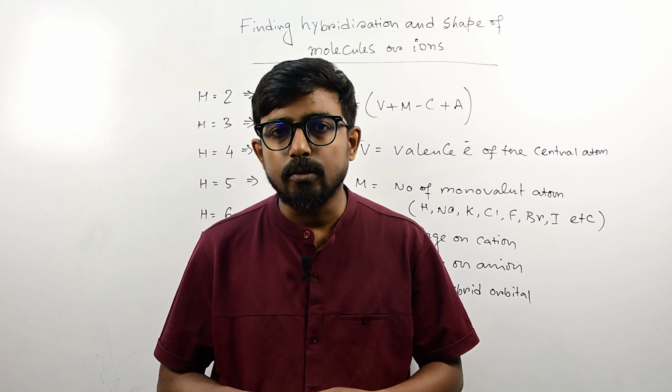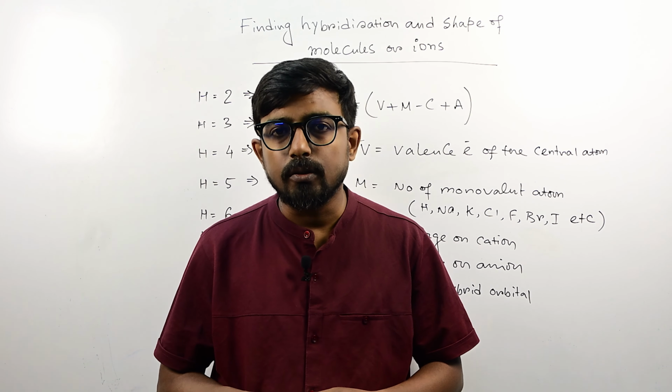Cl 1, 2, 3, 4, that is tetrahedral, but there are only 3 atoms, so 1 will be a lone pair. So we have to add 3 atoms with chlorine. There are a total of 3 oxygens, but there is only 1 negative charge, so only 1 oxygen will carry this negative charge. That means it will form only 1 bond and carry the minus charge. But if it is neutral, then it will form 2 bonds with this chlorine atom.